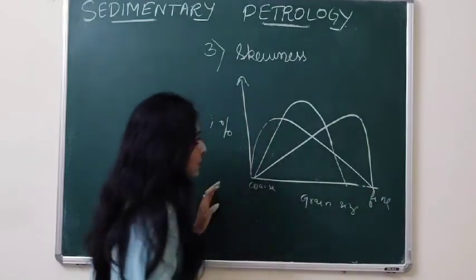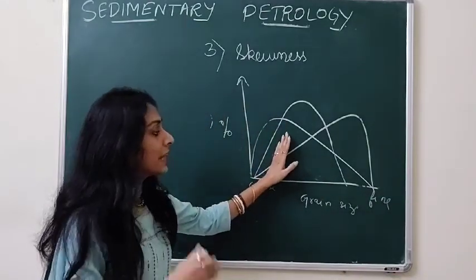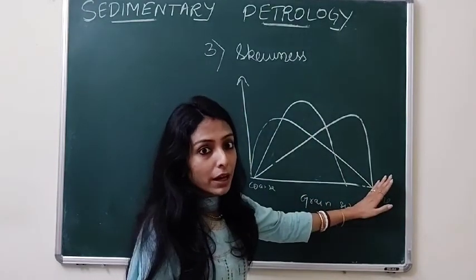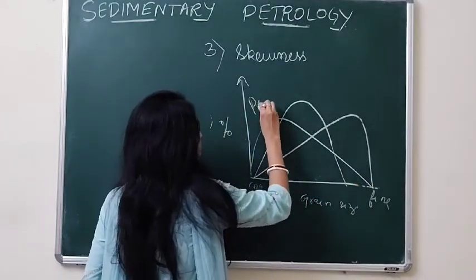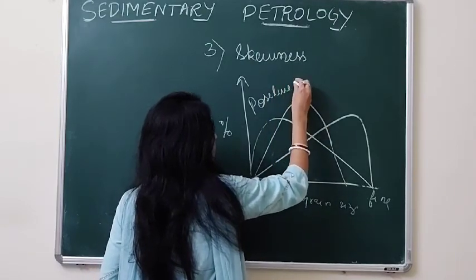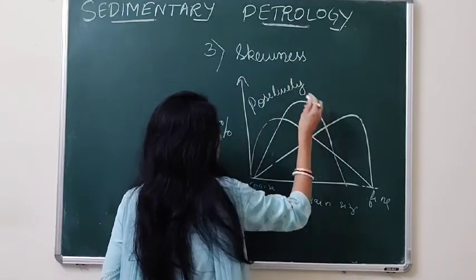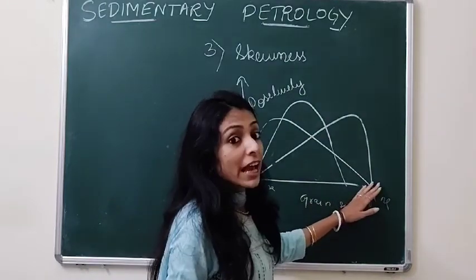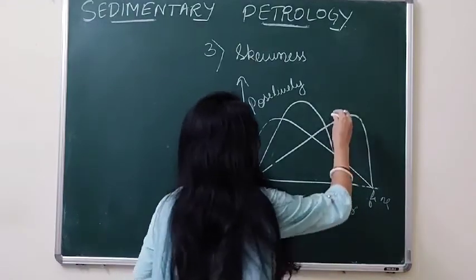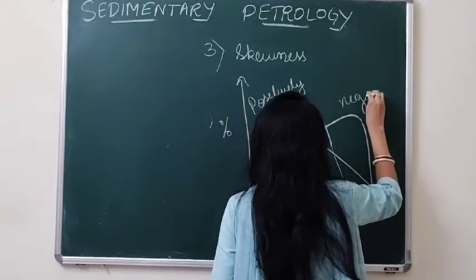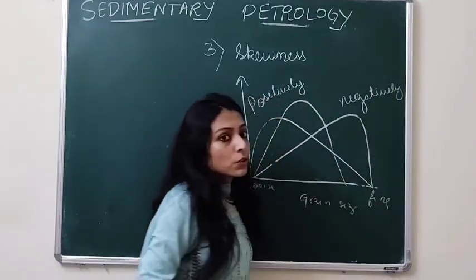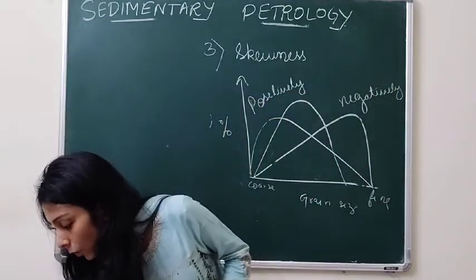So a graph which has its tail towards the finer particle is known as positively skewed. Okay, and one which has its tail towards the coarser side is known as negatively skewed. Clear? So this is all about skewness.